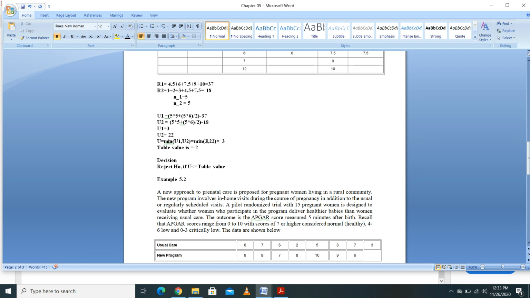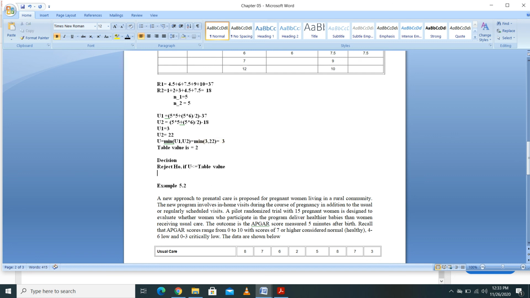If you look at this example where we have done the calculations, our test statistic is 3, where the table value is 2. So our test statistic is greater than the table value, so we cannot reject. According to this example, we do not have enough evidence to reject H naught.